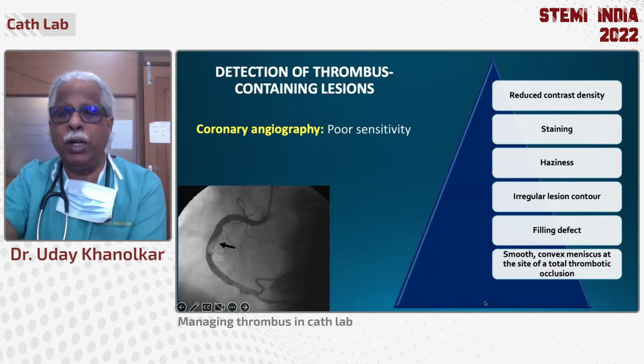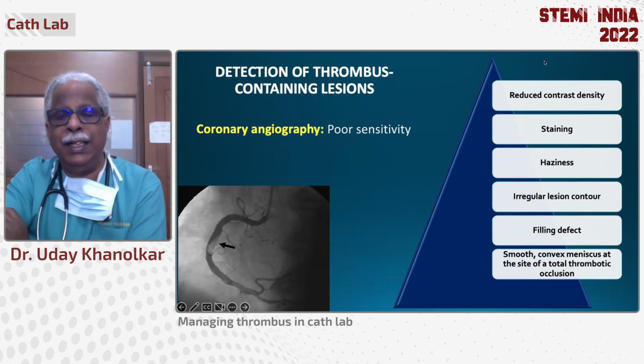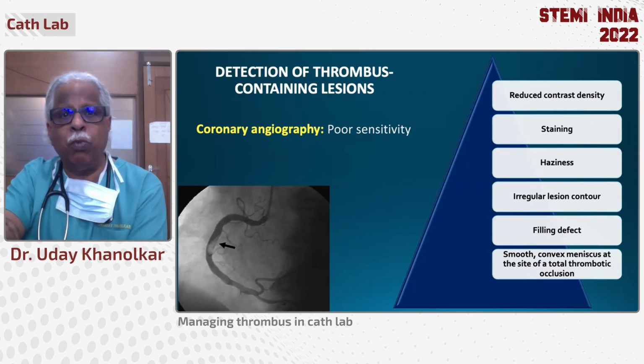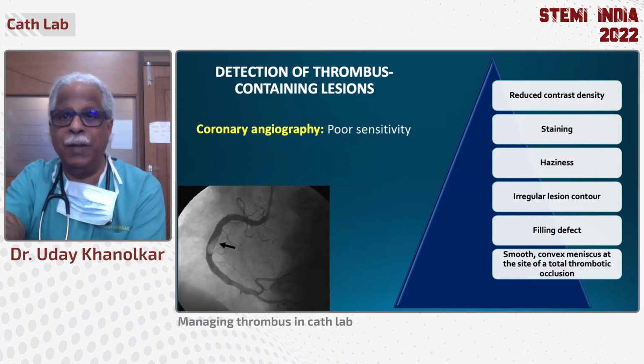The most important aspect is at first to recognize and diagnose that there is a thrombus. The detection of thrombus is very poorly sensitive as far as coronary angiography is concerned. It may be seen as a space-occupying lesion within the coronary artery or a staining of the dye in a particular area where the dye remains for quite some time.